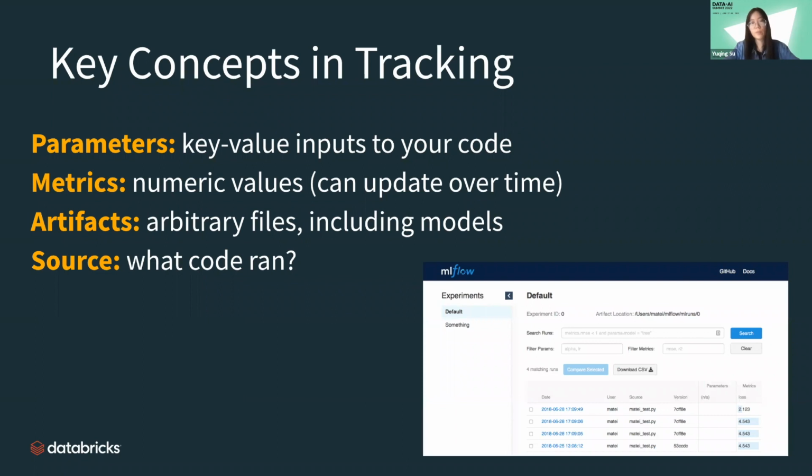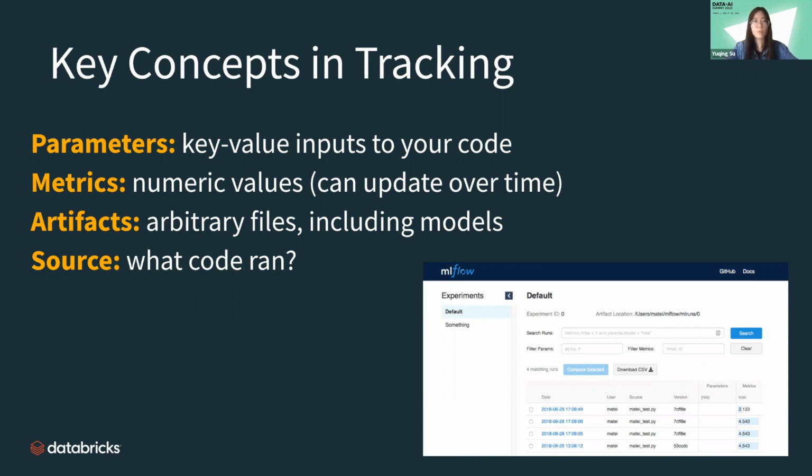And each experiment allows you to visualize, search, and compare all these different runs within it. And you can also download any artifacts or metadata related to a specific run later on for analysis in other tools. Here are 4 different components or key aspects that can be recorded for each model run.